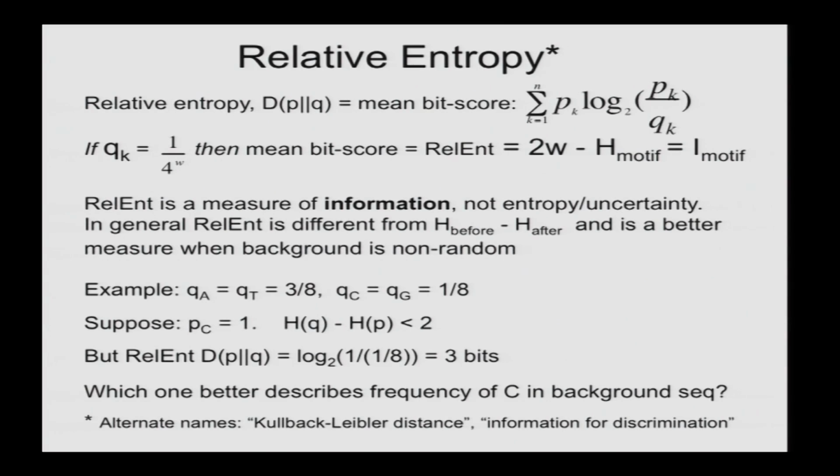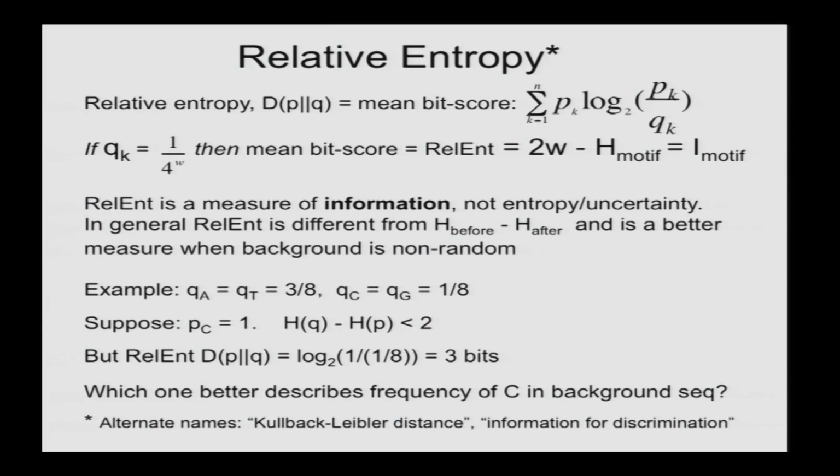The relative entropy is a measure of distance between probability distributions. It can be written different ways, often with this D(P||Q) notation. And as you'll see, it's the mean bit score. If you're scoring a motif with a foreground model, PK, and a background model, QK, it's the average log odds score under the motif model.